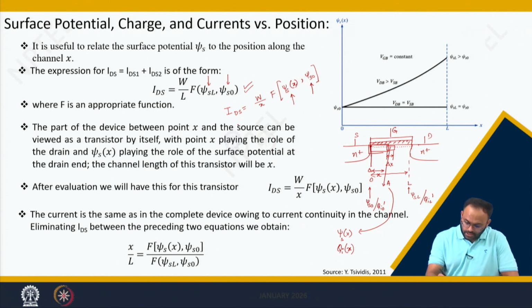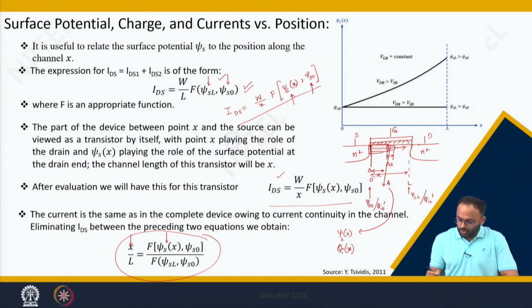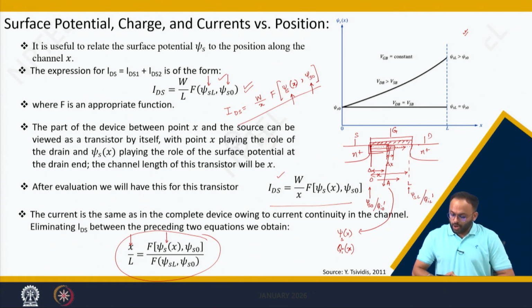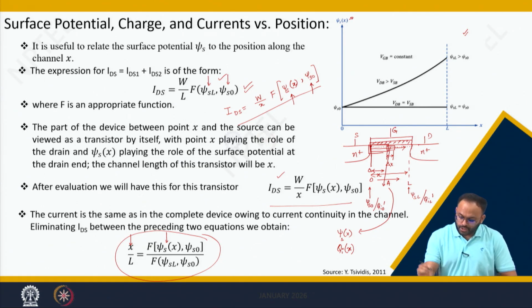So we can rewrite this equation like this. Considering that the current is common throughout the channel, we can solve this equation to get a relation between the surface potential and the position x. So, along x, if we plot the surface potential, we will get this curve. Let us understand how we plotted the surface potential as a function of x.